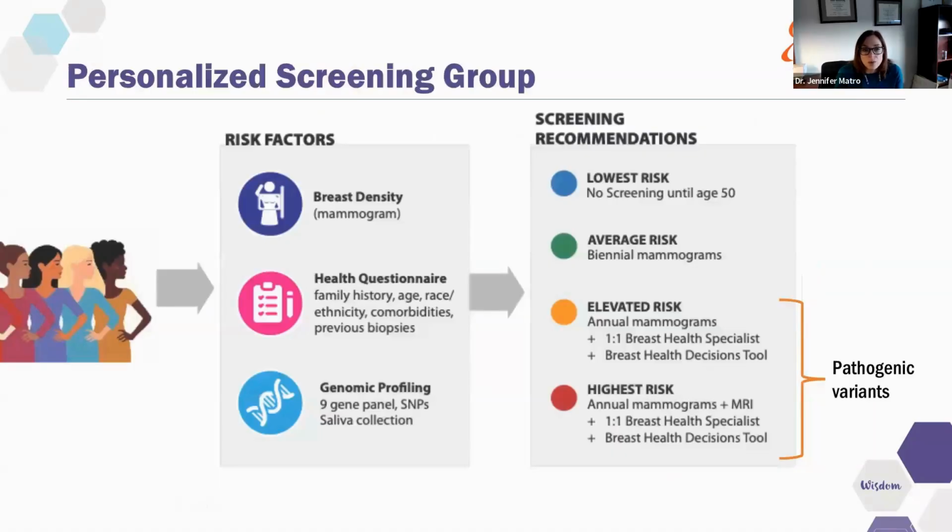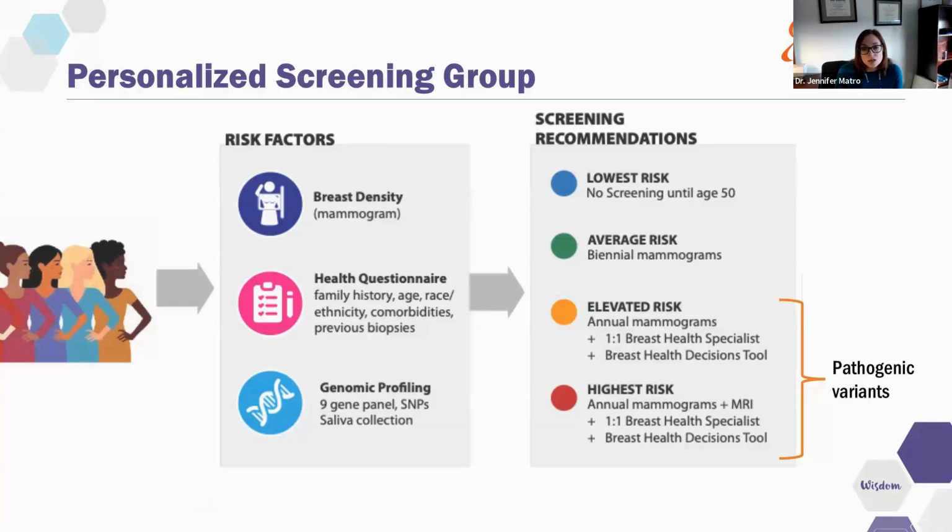The risk factors that went into the personalized screening group included things like breast density, which was established at the baseline mammogram, and a health questionnaire, including family history, age, race, ethnicity, comorbidities, and whether they'd had any previous biopsies. They also did some genomic profiling. Patients were then classified based on these risk factors.